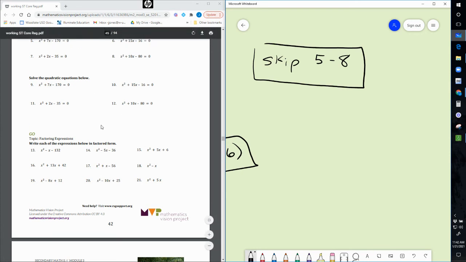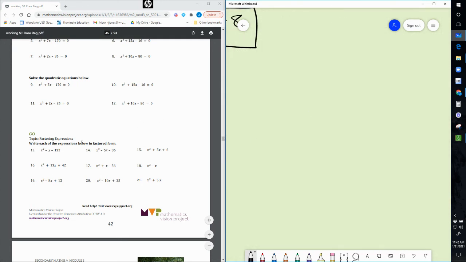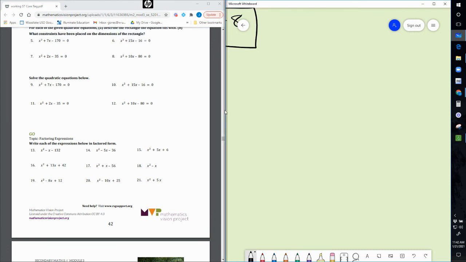All right, the go section is now specifically saying write each of the expressions below in factored form. So it doesn't even say that you need to find the solutions, although the solutions are a good idea. It just wants you to take this equation and write it in factored form.